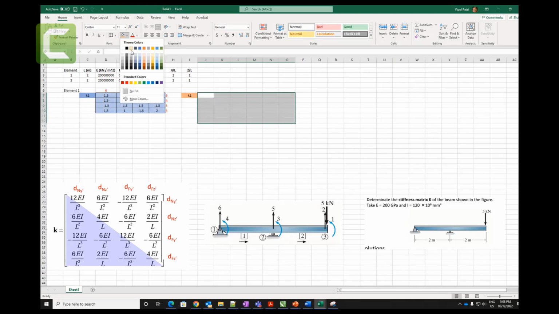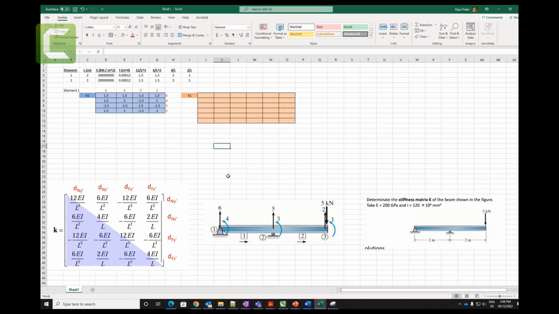So let's put this into lighter colors and put these details there. Here we need 1, 2, and by the way, you can just drag it like this. 3, 4, 5, 6.